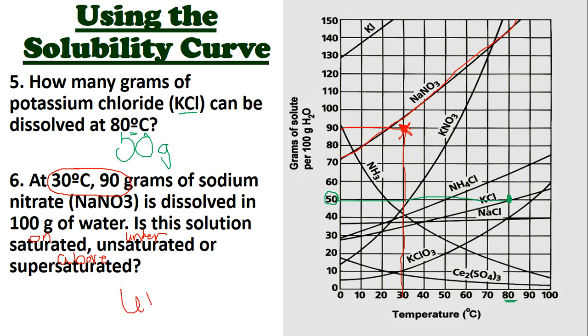So it's unsaturated. If it was on the line, it would be saturated. If it was over or somewhere up here, it would have been supersaturated. But this is unsaturated. It means you can have more NaNO3 at that temperature.